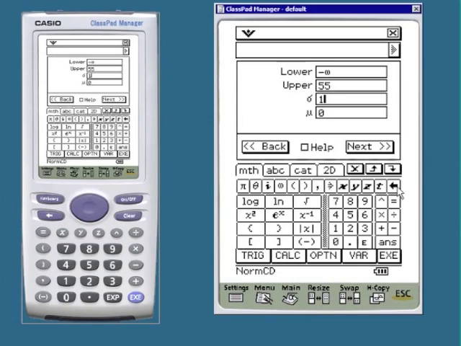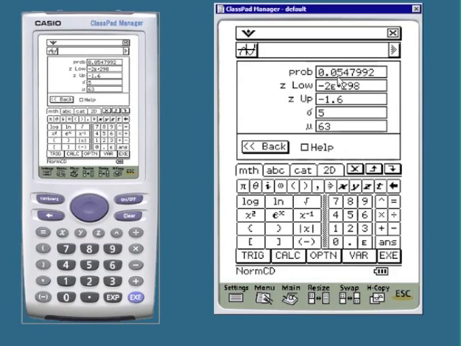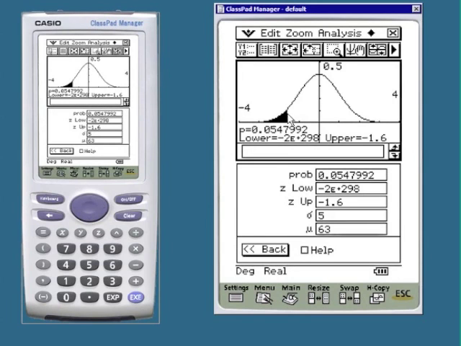Then we need to give the standard deviation and the mean of the distribution, 63. The probability is 0.0548 to 4 decimal places. We can also now graph the probability distribution, and the region that we're talking about is shaded.